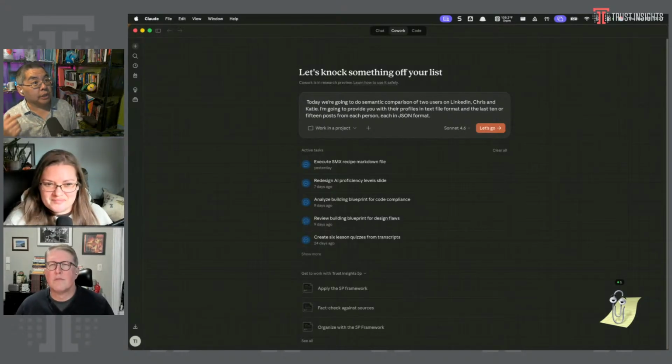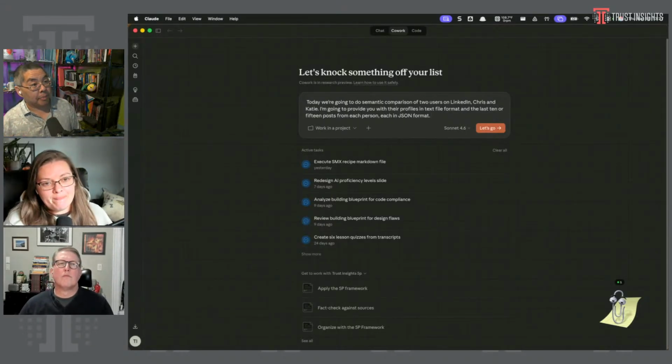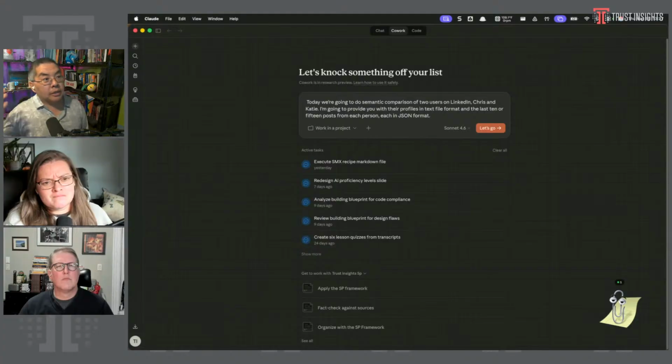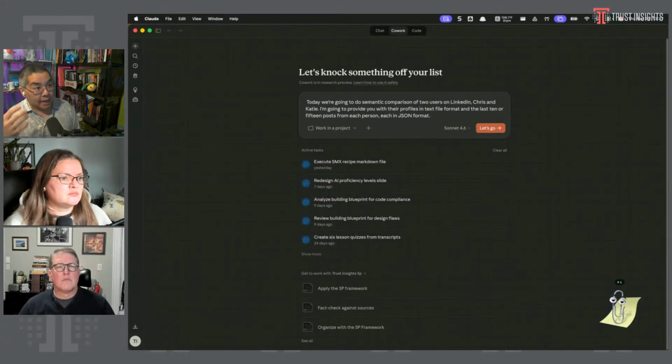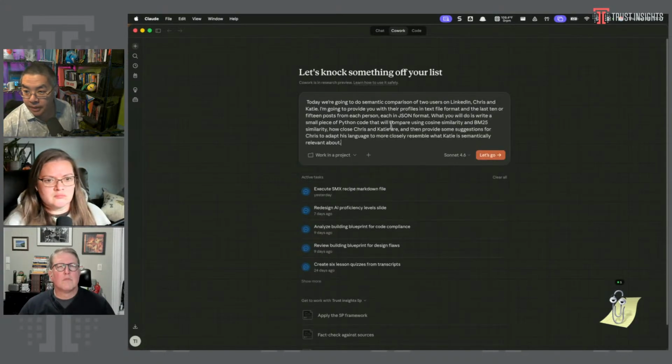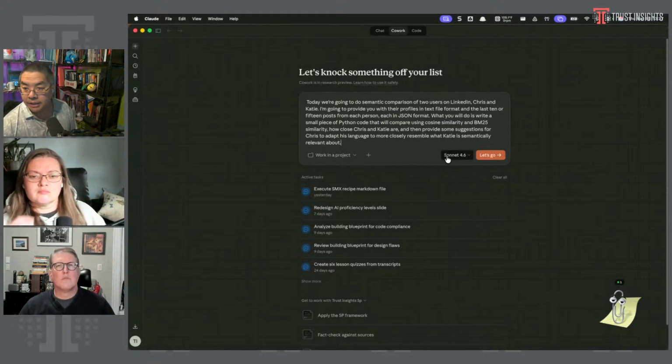What you will do is write a small piece of Python code that will compare, using cosine similarity and BM25 similarity, how close Chris and Katie are, and then provide some suggestions for Chris to adapt his language to more closely resemble what Katie is semantically relevant about. So there's our basics.